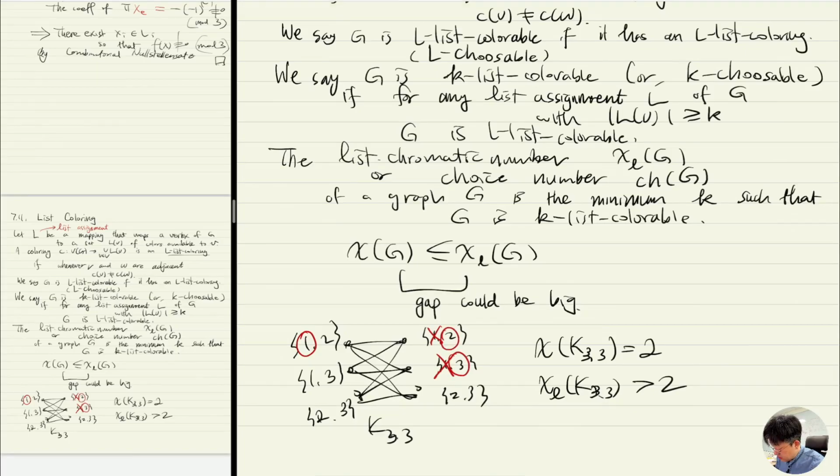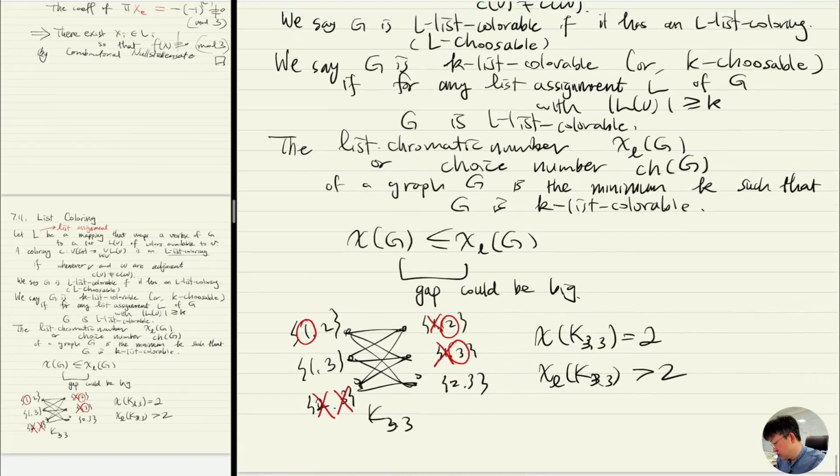But since I use 2 and 3, I cannot use 2 here, and I cannot use 3 here. Then this vertex has no more choices left. Therefore, this graph is not 2-list colorable. And you can make an arbitrarily big graph. If you have a complete bipartite graph with a large number of vertices, the chromatic number is 2, but the list chromatic number is big.